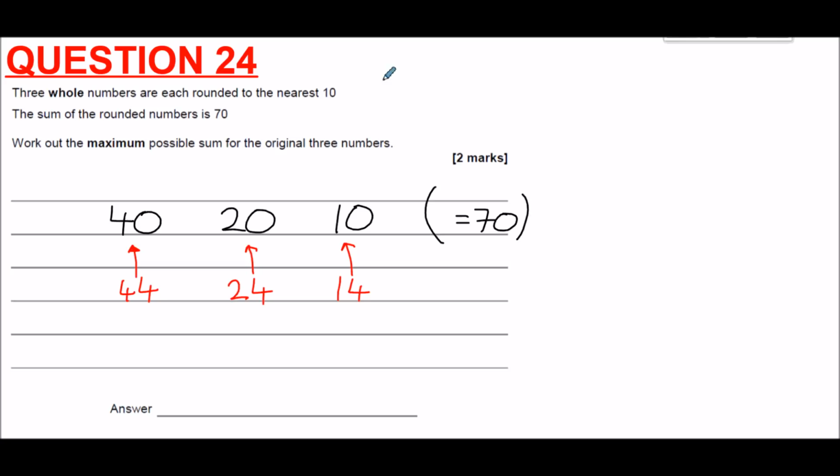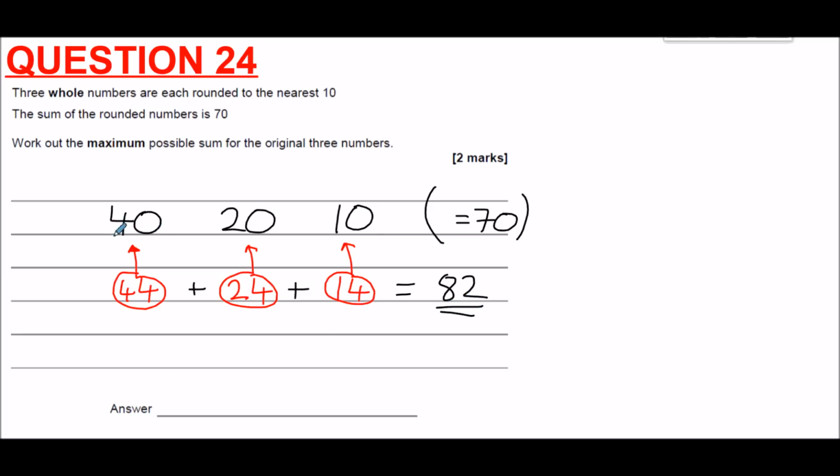And so if we now add these numbers together, 44 plus 24 plus 14, what we'd get is a total of 82. Now this question, it doesn't matter what you decide for your initial numbers.